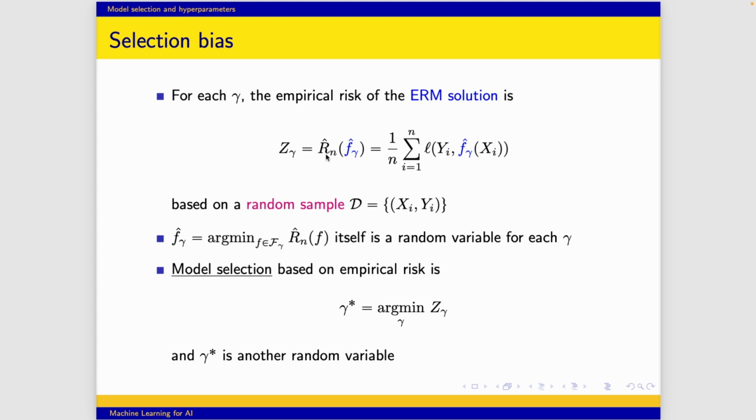The empirical risk is a random quantity which estimates the true risk, and we are estimating, so we have an estimator of the true risk, the empirical risk, of something which itself is random. It's a random function. So this gamma star is going to be a random variable.